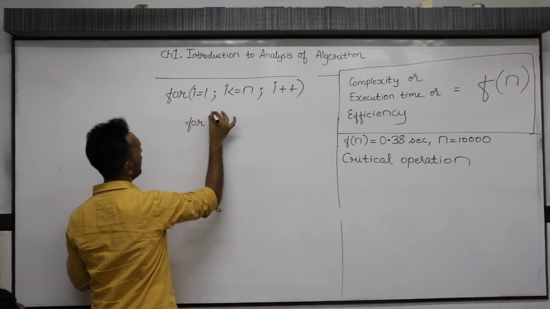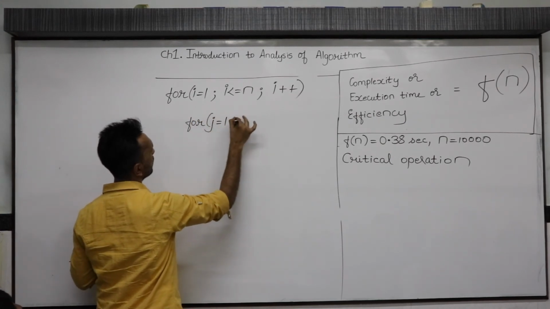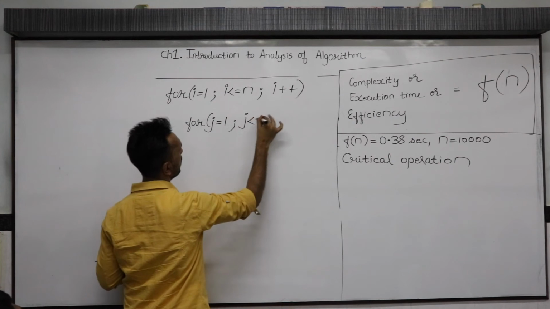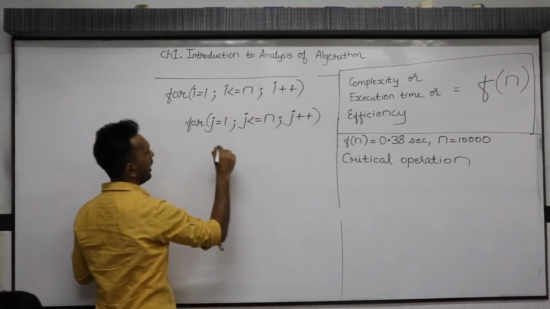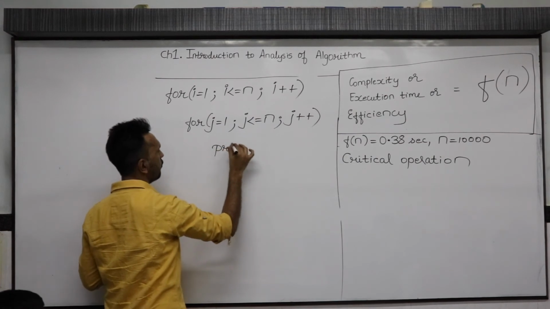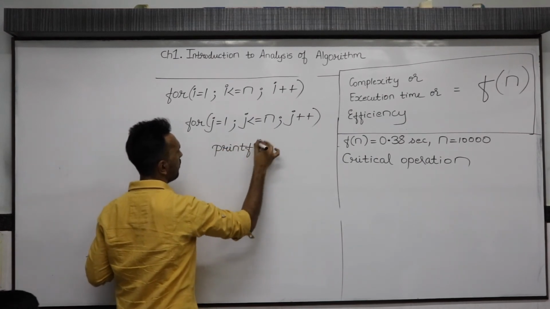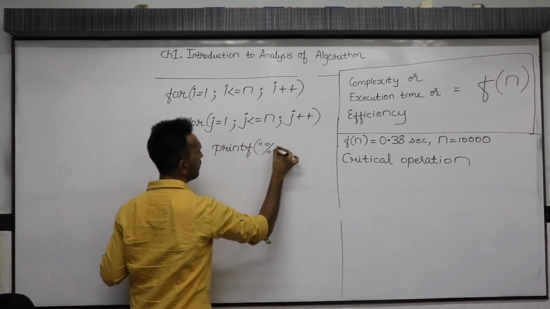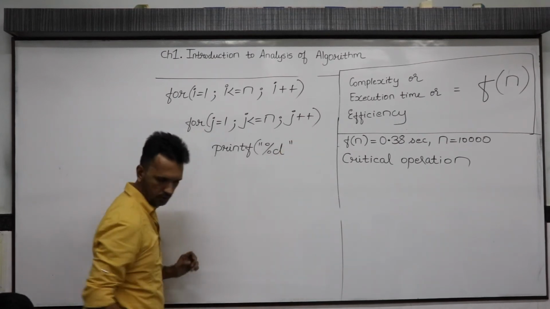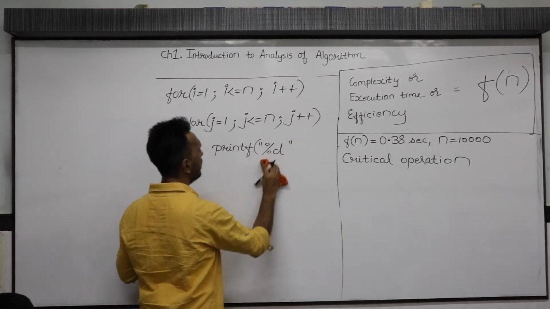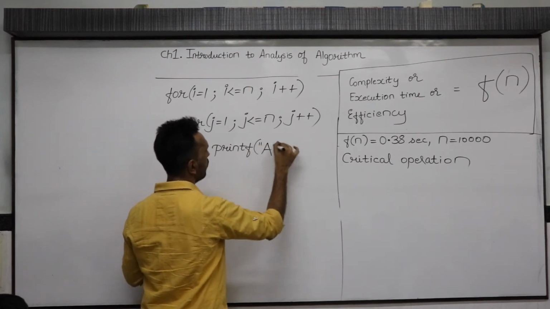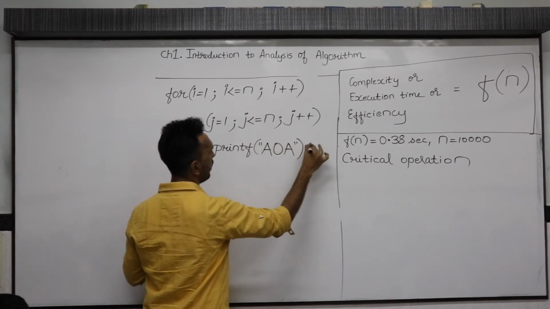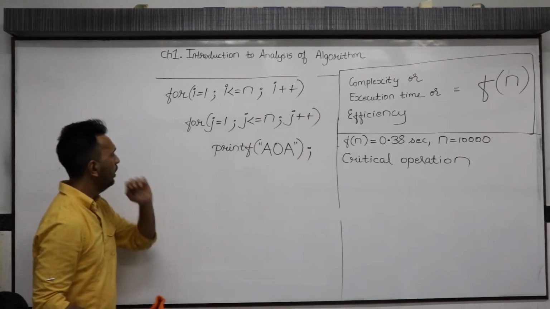For j equal to 1, j less than equal to n, j plus plus. Then I write printf, or let me write simply printf AoA, analysis of algorithm. Okay. Sorry.